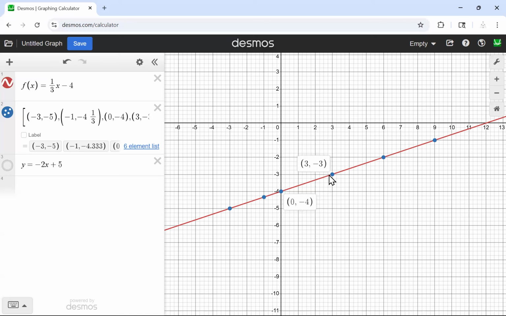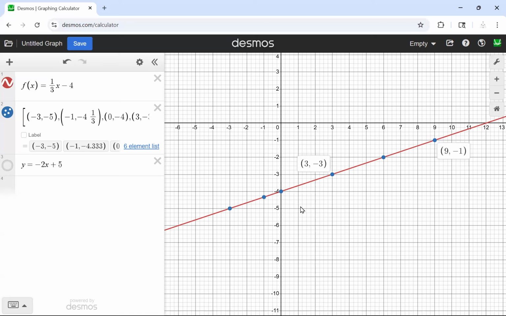Now, this phenomenon doesn't just work for these 2 points. If we go from 3, -3 to 6, -2, we also go up 1 over 3. So slope of 1/3. But also if we go from 3, -3 to 9, -1, we would have gone up 2 and over 6. Well, the fraction 2 over 6 is the same as 1/3. Therefore, again, slope is 1/3.